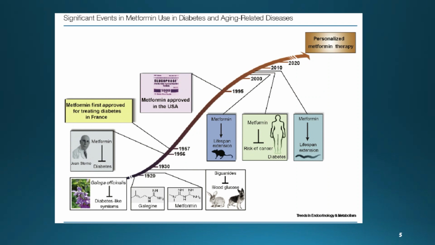Since then, we've seen not only a widespread use of metformin, but studies have shown that it's able to reduce the risk of cancer, reduce the risk of diabetes, and in some animal models, lengthen the lifespan.